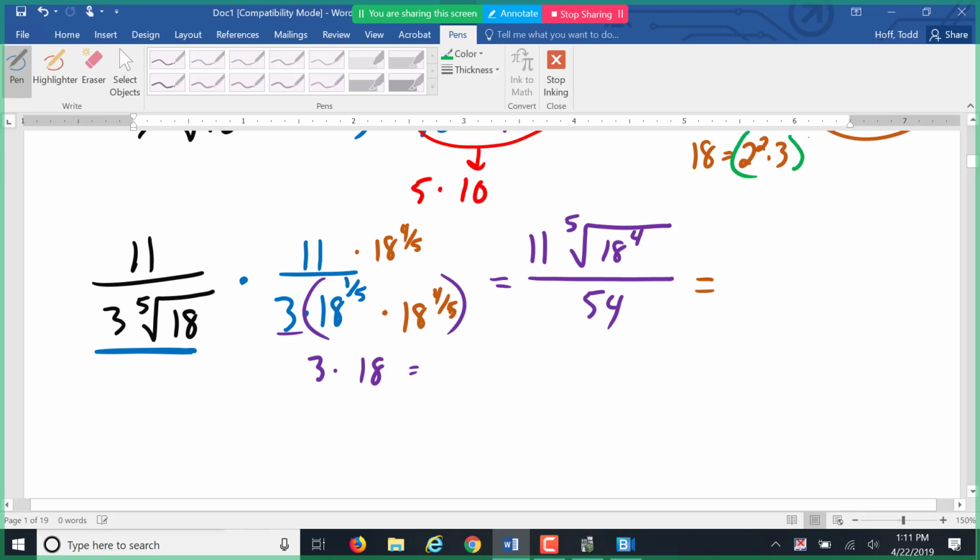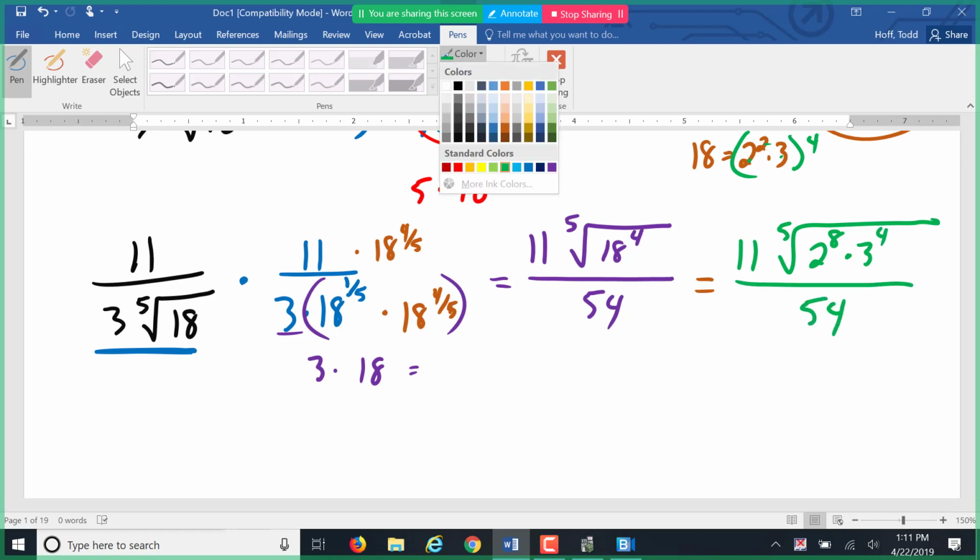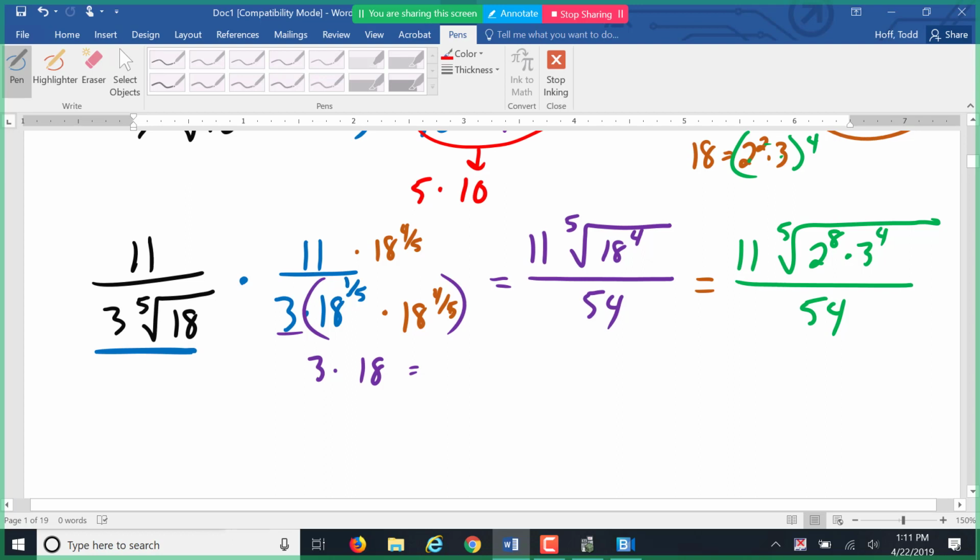Let's take that to the 4th power. 2 squared to the 4th power is 2 to the 8th. 3 to the 4th power is 3 to the 4th. The reason I did that is now I see that I can pull out 5 of these 2's.